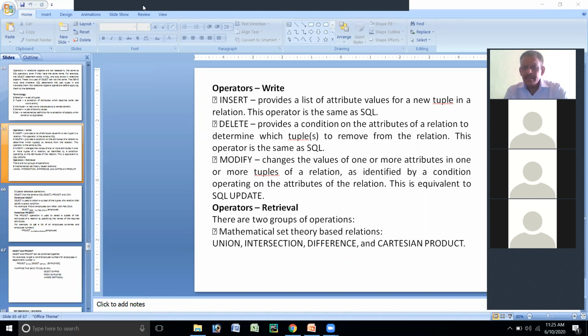Then delete, based on the condition of a particular attribute, you can delete the tuple from a relation. And modify is allowing you to make the changes in one or more attributes, in one or more tuples of a relation. Again, these three have the same meanings and the same uses even in SQL.